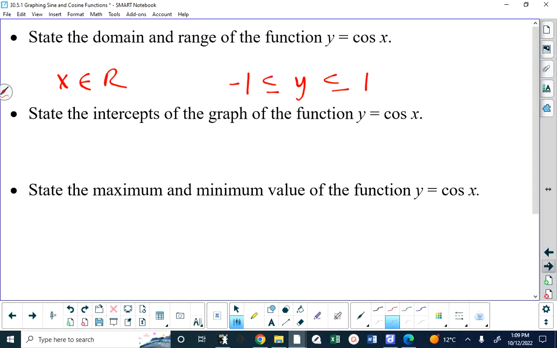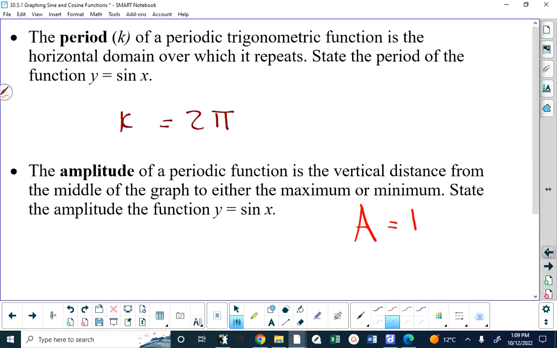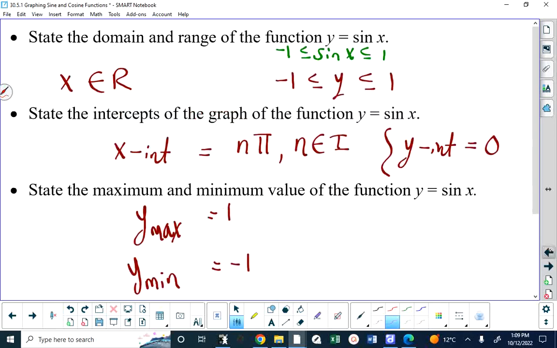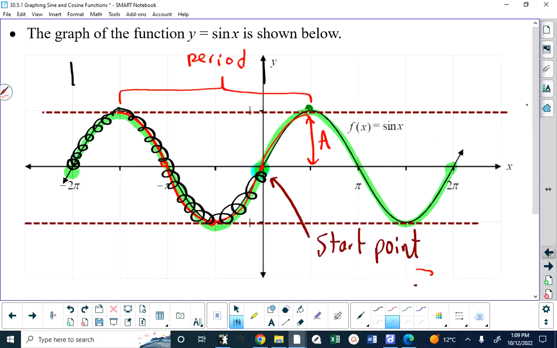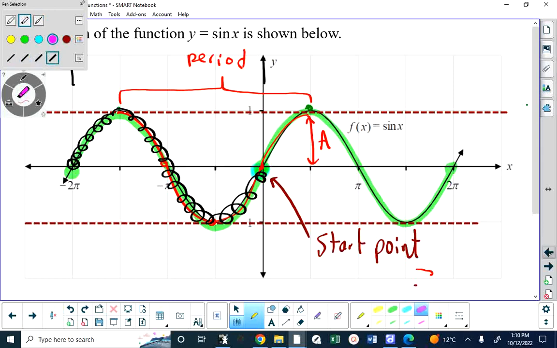Well, this time, and I hope this makes sense, the intercepts here were separated by pi radians, weren't they? Let me highlight some intercepts. Here is an intercept, here is an intercept, here is an intercept, here's one. These are all pi radians apart.